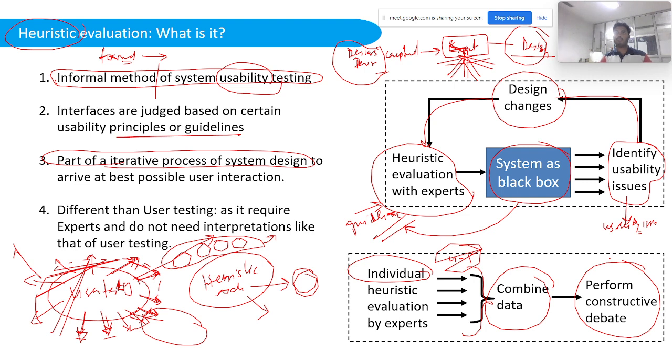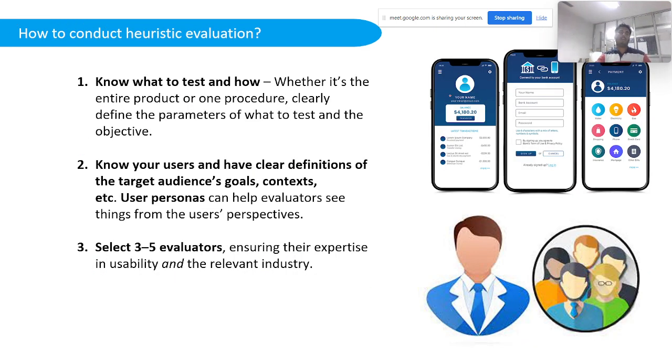If the expert team can arrive at certain usability issues as a confirmation, then you consider those as confirmed usability issues, and you report them to the team of developers or designers, and they will make the design changes. The thing happens again and again. Once again, the developer makes those changes and then reports to the evaluators with the new design. So the process continues. Now, how to conduct heuristic evaluation?